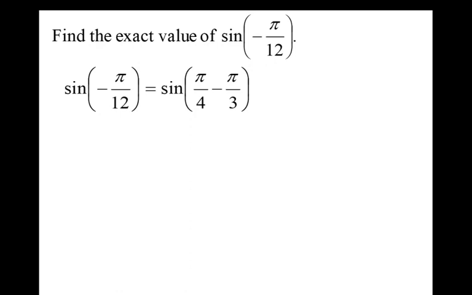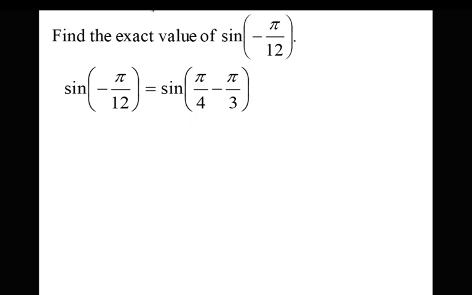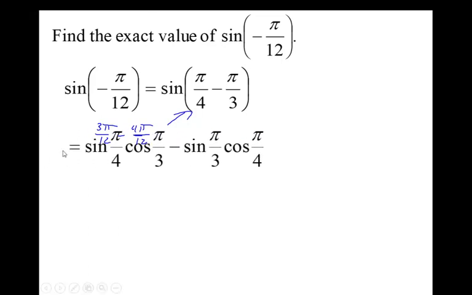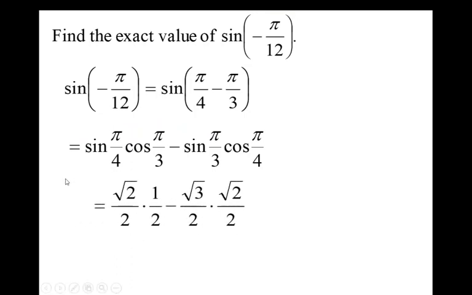This is basically going to be, when you split it up, 3 pi over 12 minus 4 pi over 12, which ends up being pi over 4 minus pi over 3. And then you just plug those into your difference equation for sine. Use your unit circle values, and you get your answer.